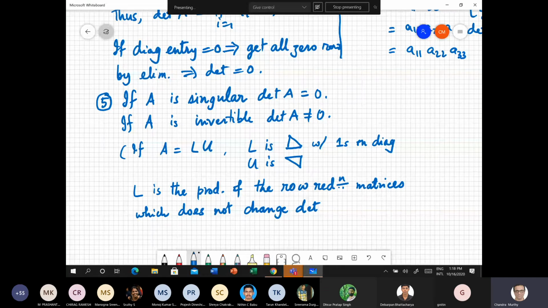Also, I've not considered the case where you may have to do row exchanges in order to find this LU decomposition.